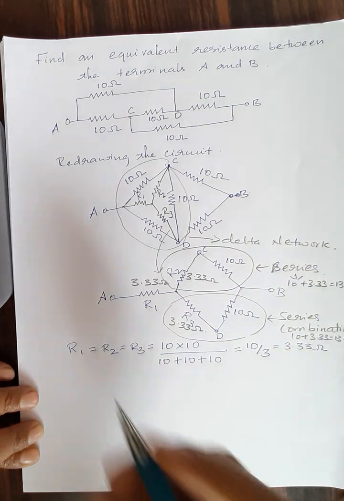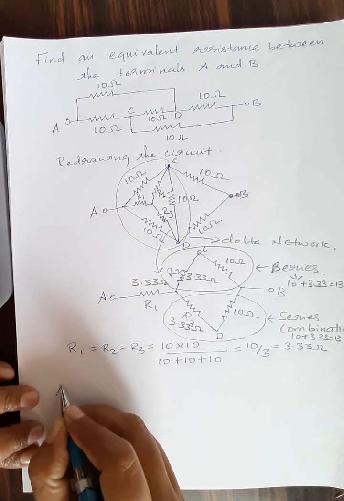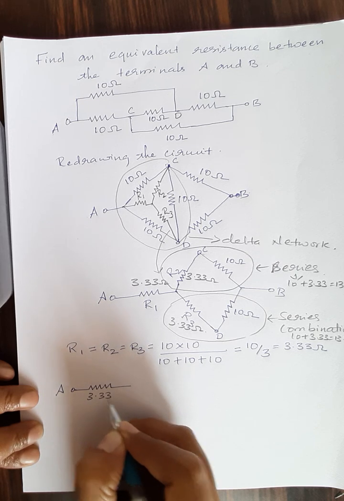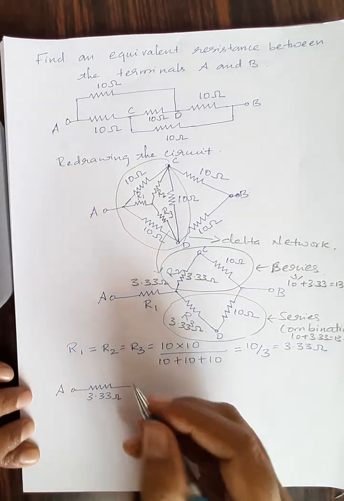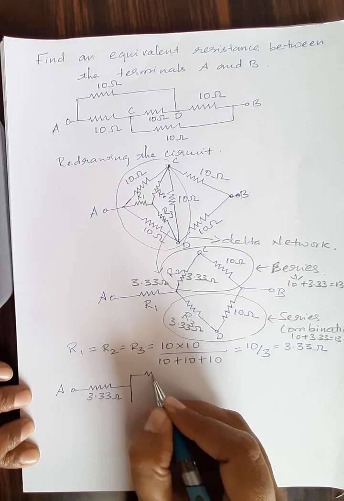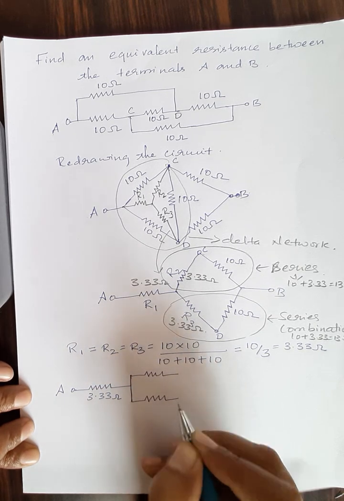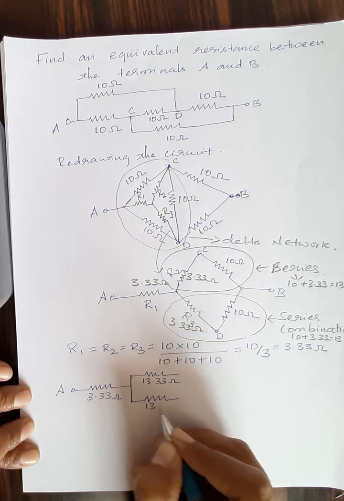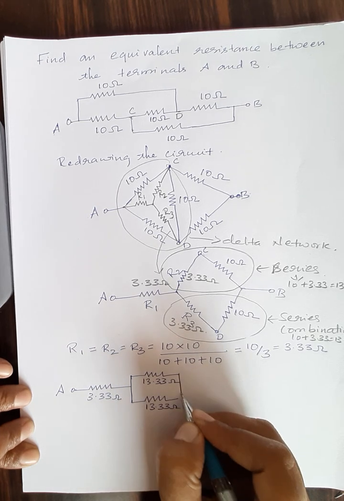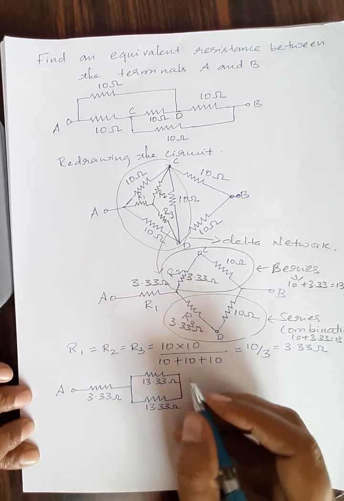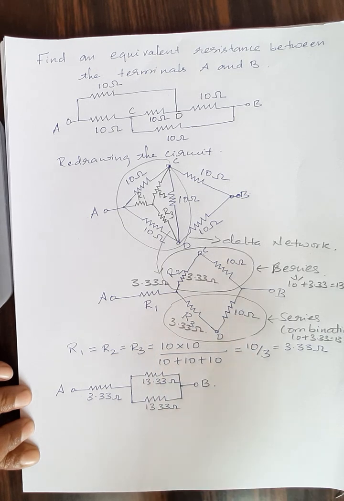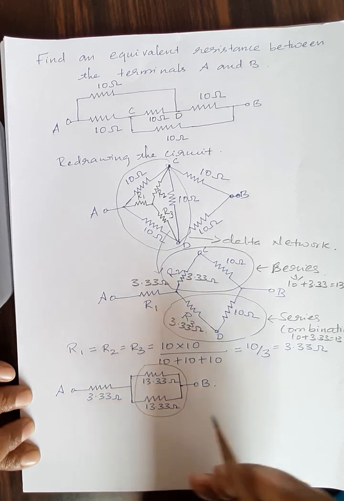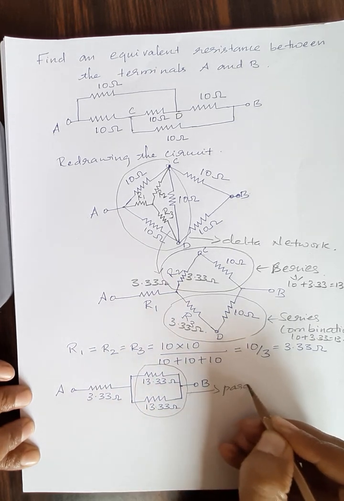Now draw the circuit. A, here 3.33 ohms. The series connections I am reducing, so this becomes 13.33 ohms, and this is also 13.33 ohms, and the remaining terminal B. Now this part forms a parallel combination.